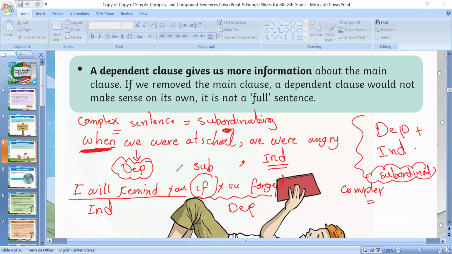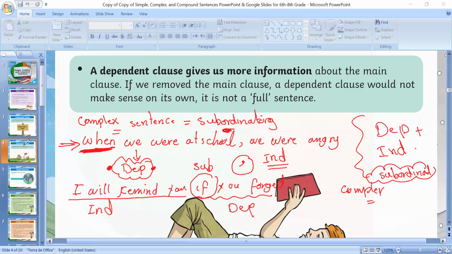Please take care of how I punctuate the complex sentence. "When" here in the beginning means the dependent clause is the first sentence. Whenever the dependent clause is the first sentence, use a comma in the middle. But if the dependent clause is the second sentence, we do not need a comma.